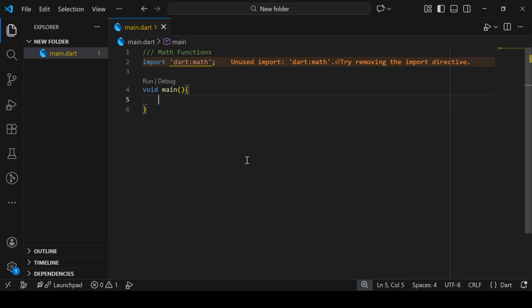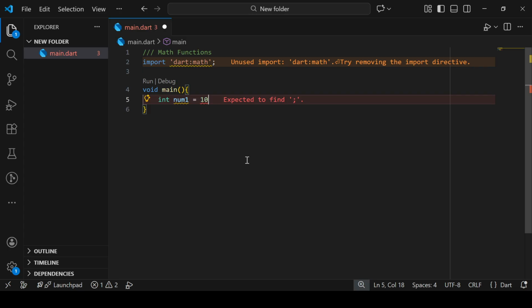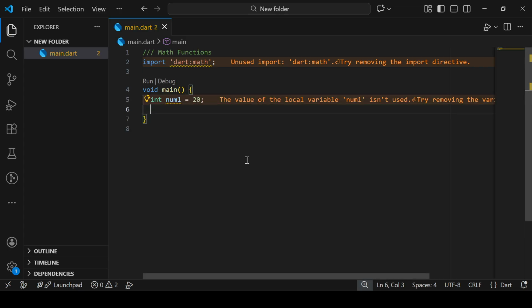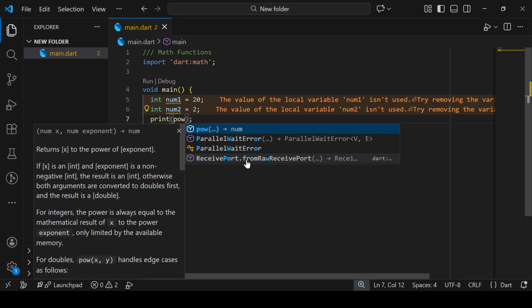The first method is pow. So now I take an integer num1 variable, and here I write 20, and an integer num2, which is 2. In front of it I use pow.